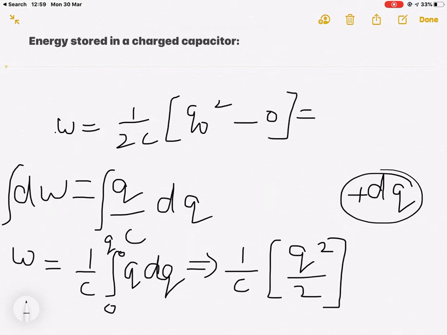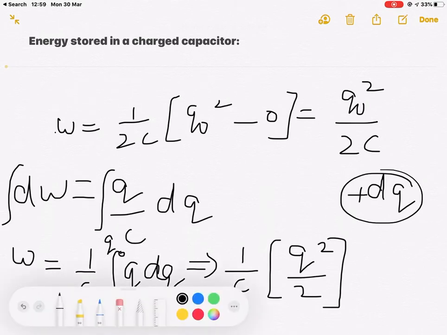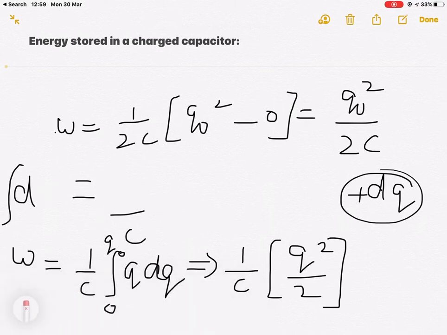That is equal to Q naught square by 2C. So work done is equal to Q naught square by 2C.